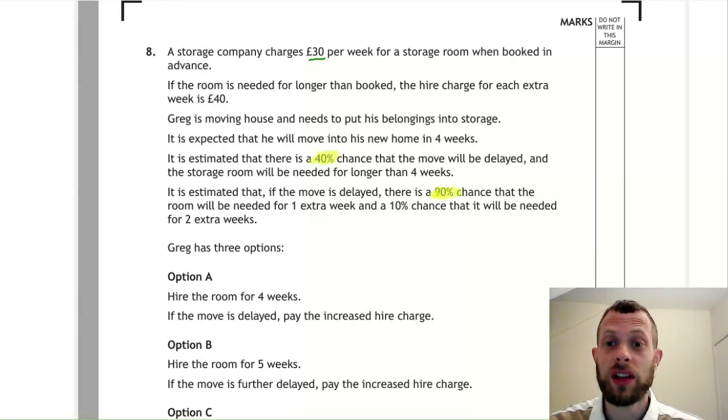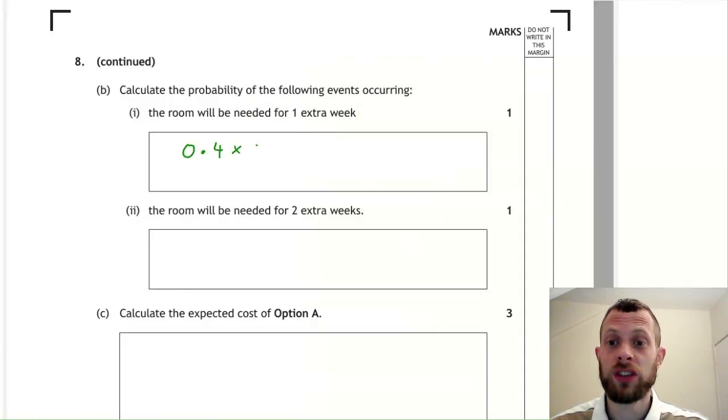Now if it is delayed, then on top of that 40% chance, the 90% chance it will only be needed for 1 extra week. So it's the combination of those two events is 40% of 90%, or in other words 0.4 multiplied by 0.9, which would be 0.36, which is 36% chance.